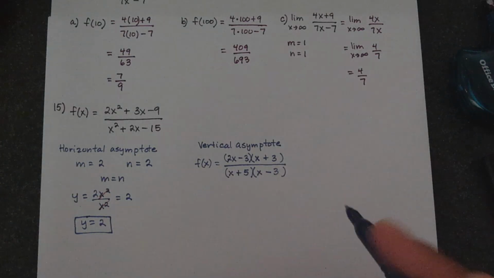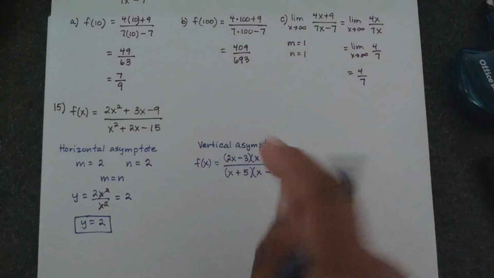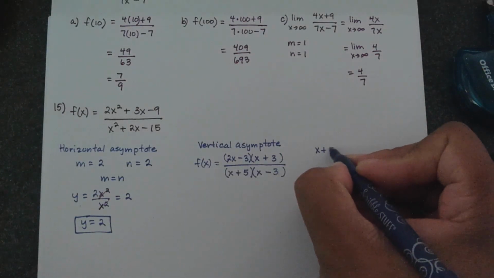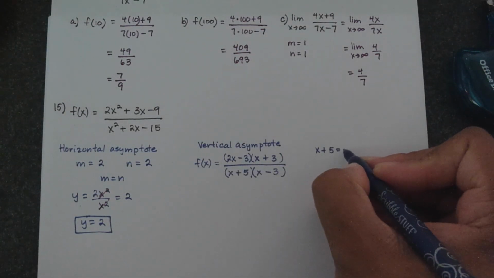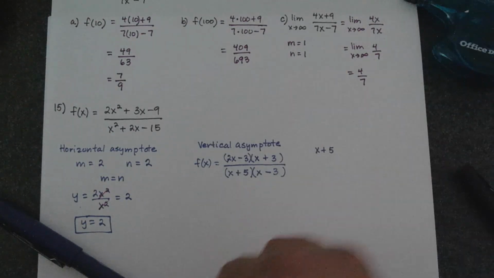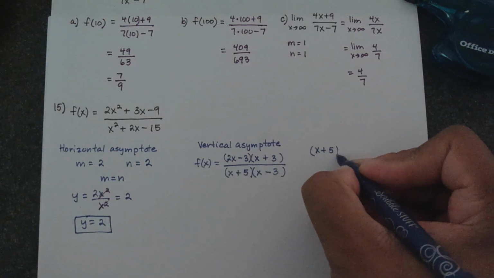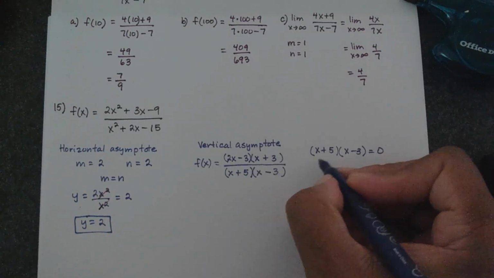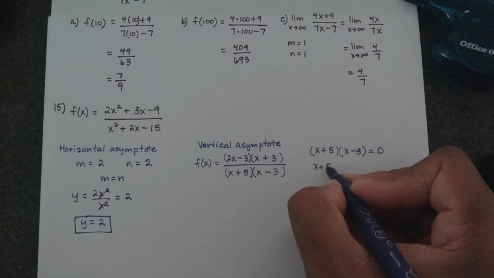So I can go ahead and find out what my vertical asymptotes are by setting the denominator, x plus 5 times x minus 3, equal to 0. Then we set each binomial factor equal to 0.